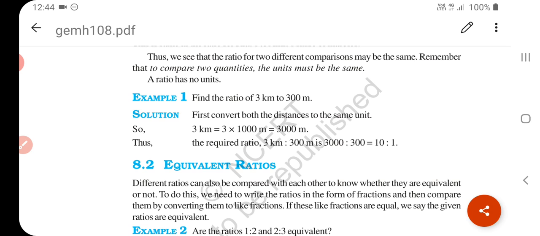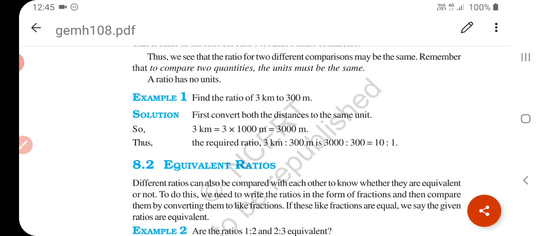Find the ratio of 3 kilometer to 300 meter. Here one is in kilometer and another is in meter. So remember one thing, we always compare quantities of the same kind. If one is in kilometers, both numbers should be in kilometers; their units should be the same. If in meters, both units should be the same. Understand? If not, what do you have to do? You have to convert. So first of all we have to convert 3 kilometer into meter. 1 kilometer is equal to 1000 meter, so multiply 3 by 1000 and we get 3000 meter.